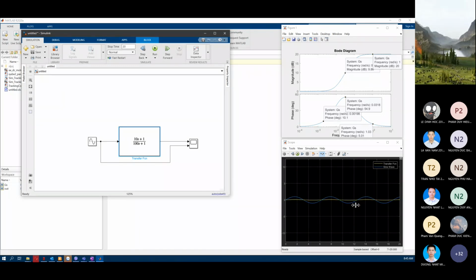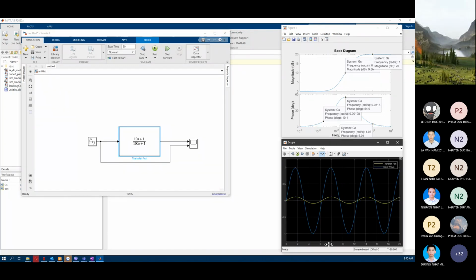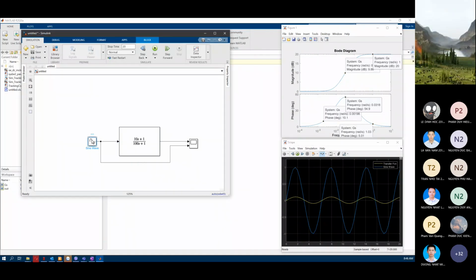See here, right? The blue one is the input, and now the yellow one is the output, but the phase is still the same.